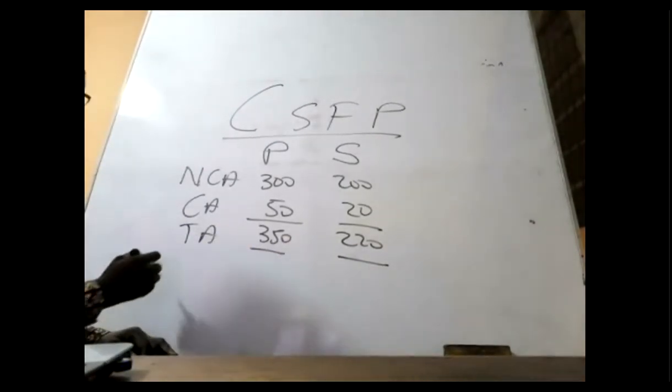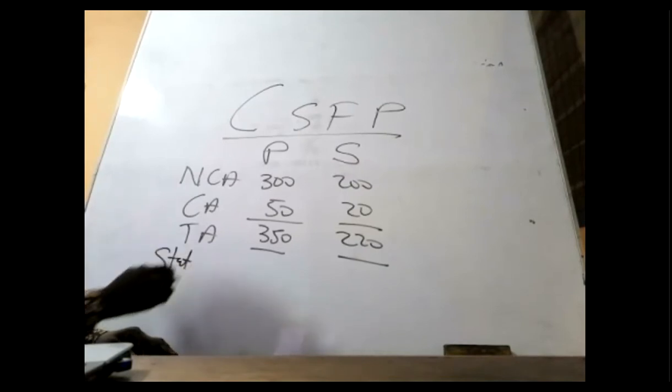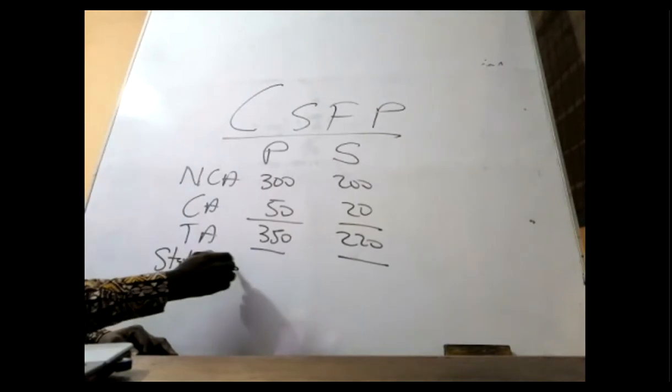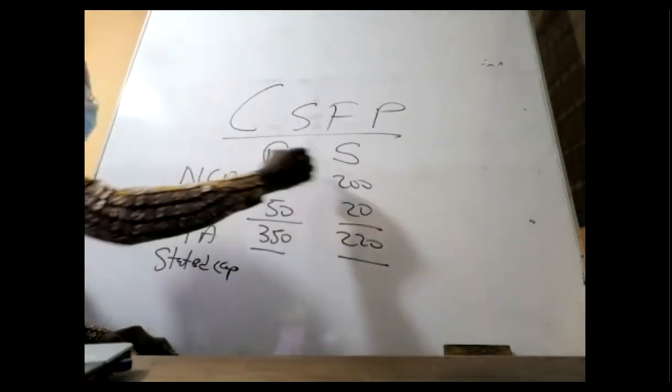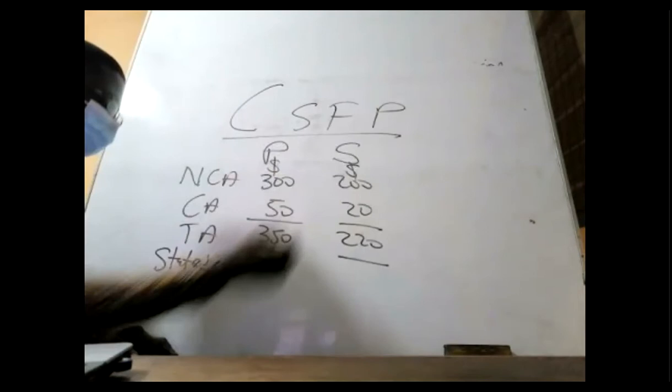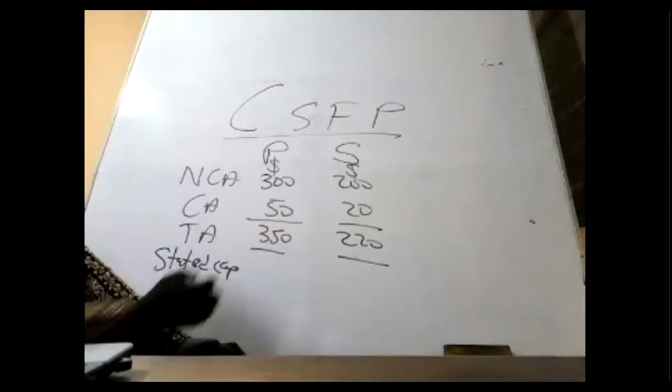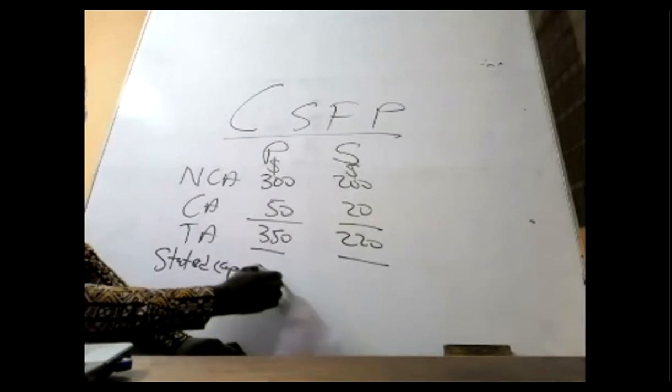Go to equity, stated capital. So stated capital is reported in dollars. Just 200.